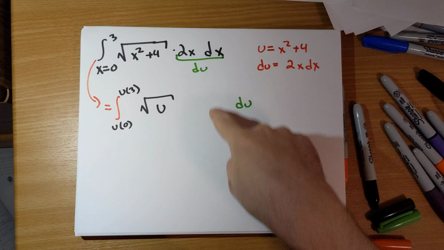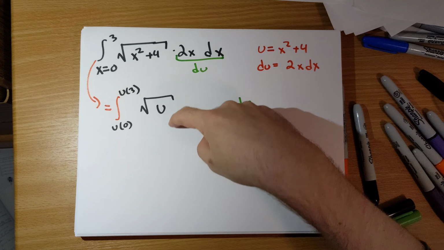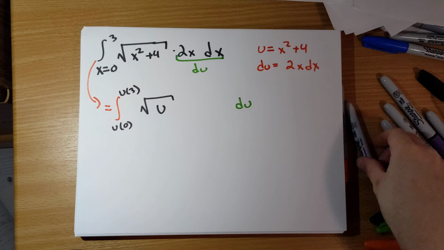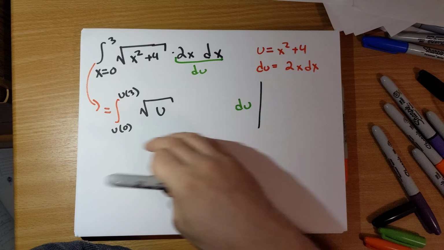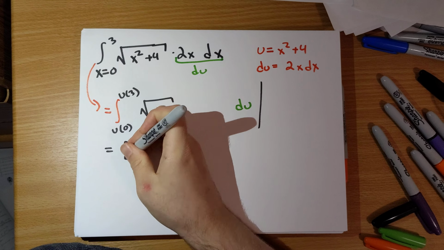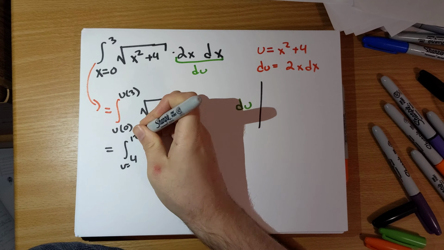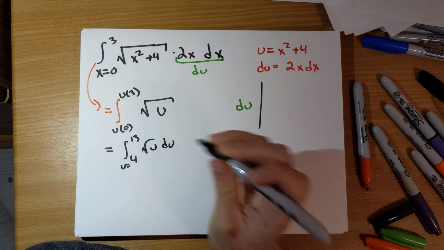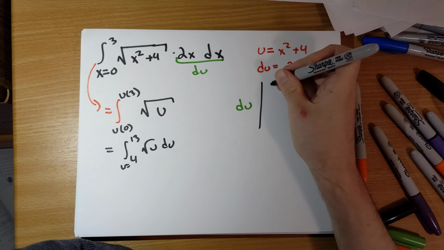So observe what happens going between these for substitution. Obviously, it's not too difficult to evaluate this. So this is u from 4 to 13, square root u du. Easy to evaluate.